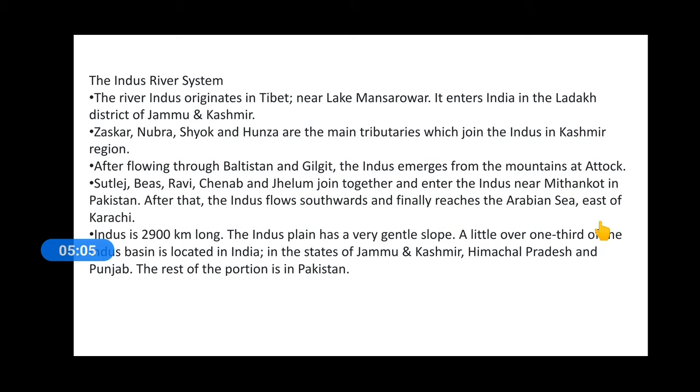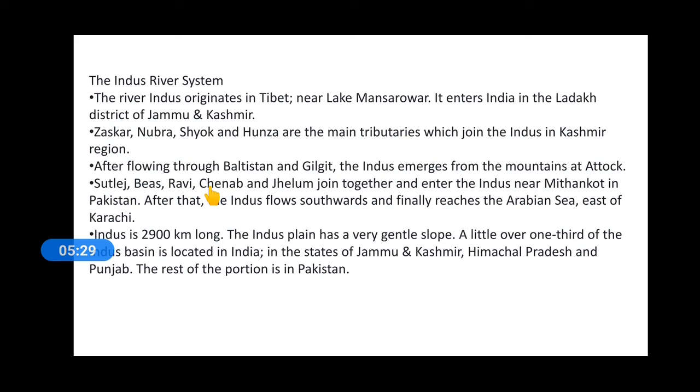Indus originated in Tibet. It enters India in the Ladakh district of Jammu and Kashmir. Now Ladakh is a Union Territory. Main tributaries are also Zanskar, Nubra, Shyok and Hunza. These are also the tributaries which join Indus.